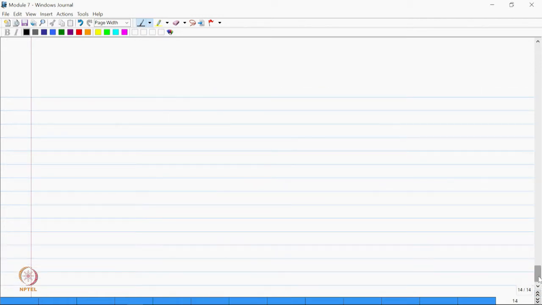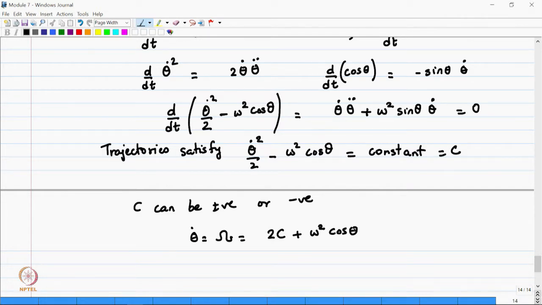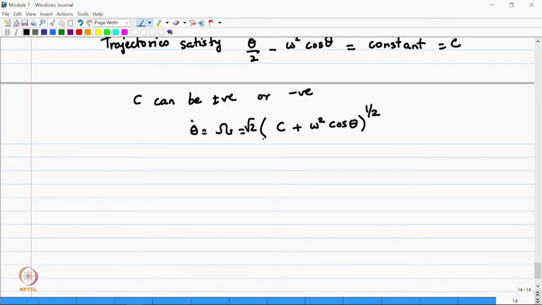What we can get from this is that I can write theta dot equal to omega, which is equal to 2 times C plus omega square cos theta, raised to the half.